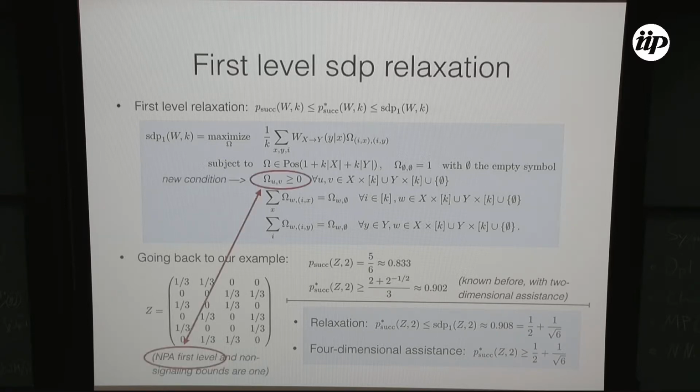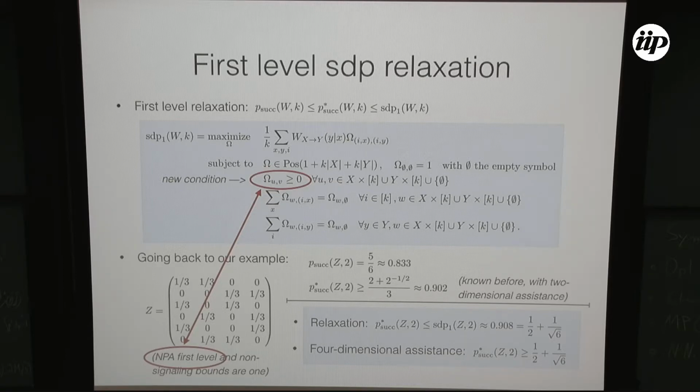Excellent. Okay, so now let's go, just for this first level, to the NPA hierarchy. If you apply the NPA hierarchy to this problem, which you can because it covers general polynomial non-commutative optimization, you're missing one constraint, namely that this matrix is also entry-wise positive, as in SDP1.